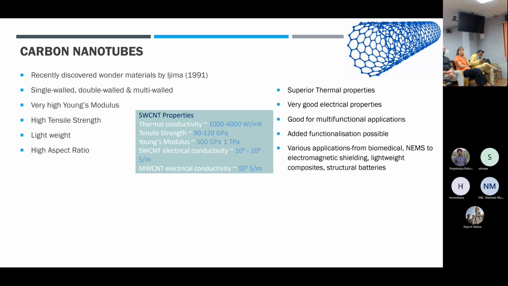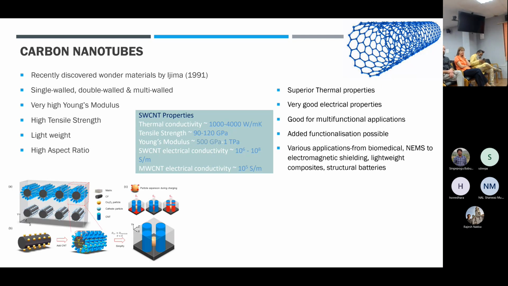Then here, this is a schematic which shows how we can use carbon nanotubes in structural batteries. Structural batteries were also talked about in a previous talk, where it was explained that the composite structure itself acts as a battery. That is achieved by having two different laminates, in which the fibers of one laminate act as cathode and those of the other act as anode.